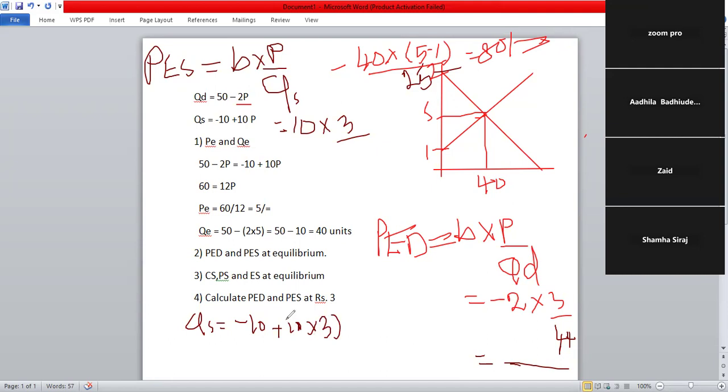Price for the 3, so minus 10 plus 30. Therefore, QS is 20.